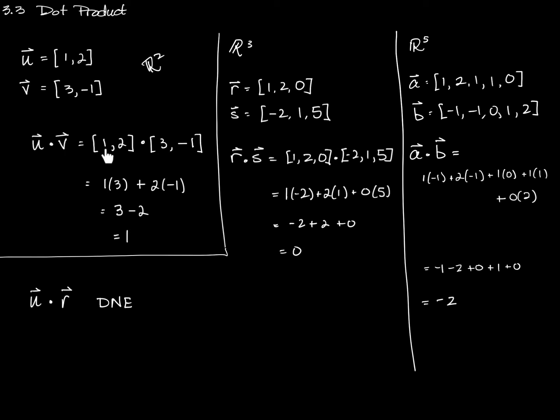I can only do component by component operation if both vectors have the same number of components. So if I try to dot vector U, which is in R2, with vector R, which is in R3, I can't. I won't be able to do that because I don't have enough components in U to match all the components in R.